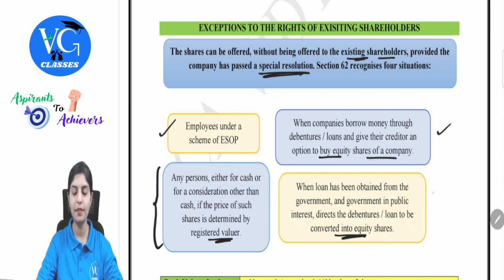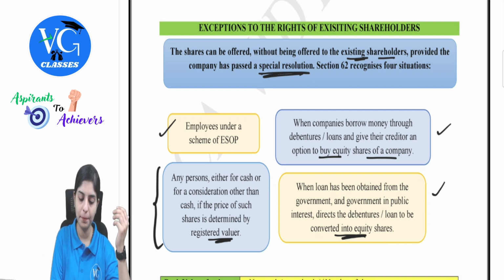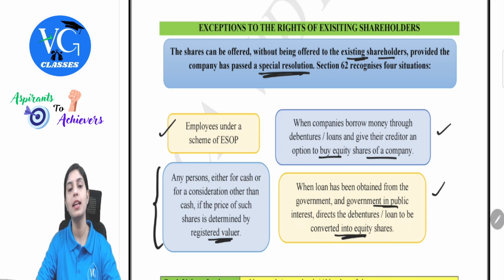See, these two points are very similar. In the second point, you borrowed from an outsider or any debenture holder. In the fourth case, you have borrowed from the government or any government entity, and on the order or direction of the government, you are supposed to convert the loan or debentures into shares. So these are the four exceptions we can observe.